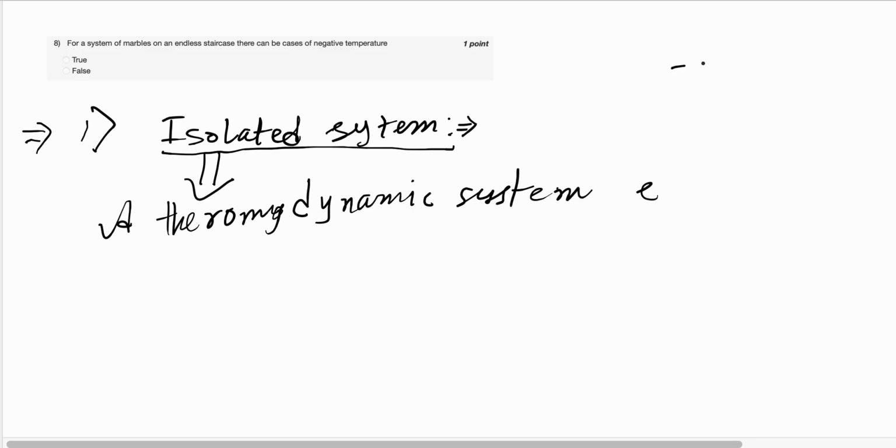A thermodynamic system enclosed by its boundaries, since it is a system, so it is enclosed by some walls. If it is a 3-dimensional system, then 6 walls are needed to enclose the system.